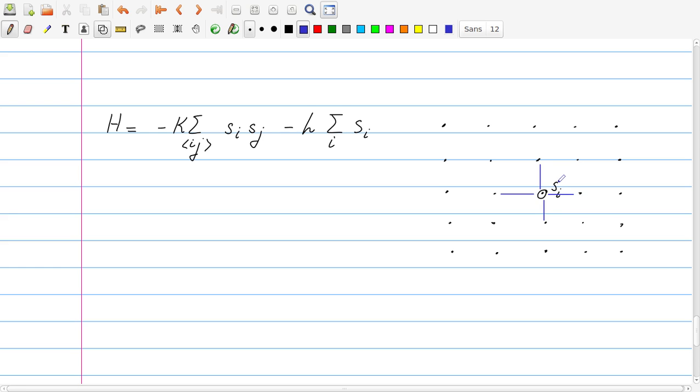And so the Si talks to these spins at these neighboring positions, and the mean field step consists now in changing the Hamiltonian by imposing a value of m, which is just the average magnetization at the 4 neighboring spins. I don't care so much about the other values, but I put a value m here.